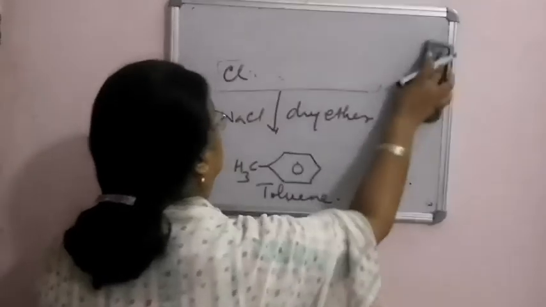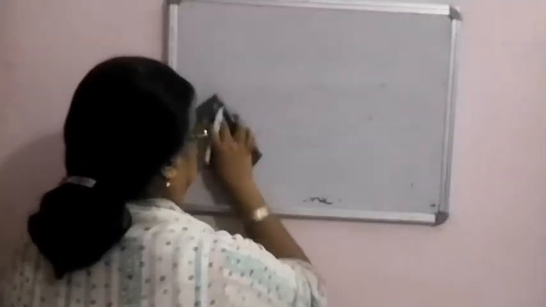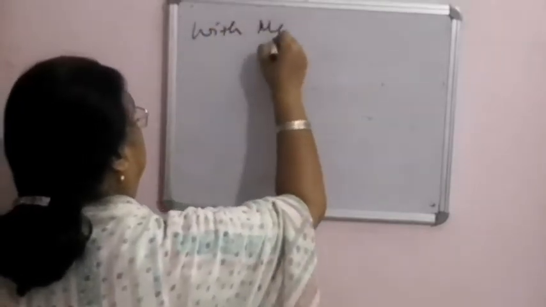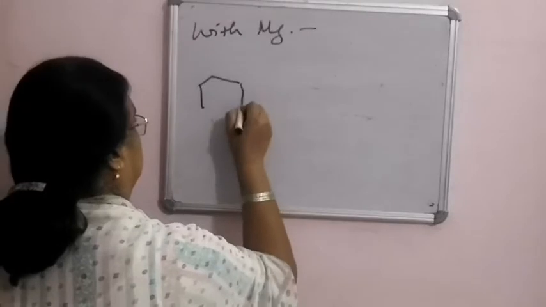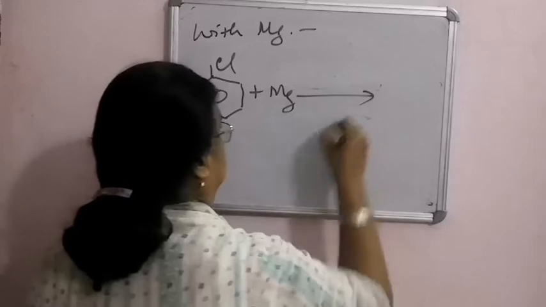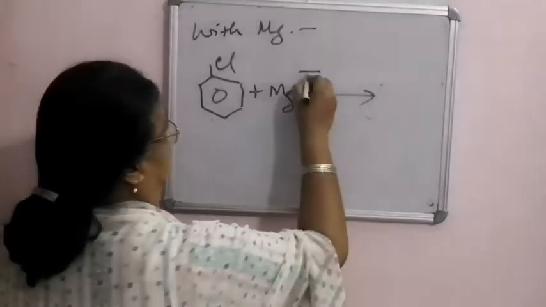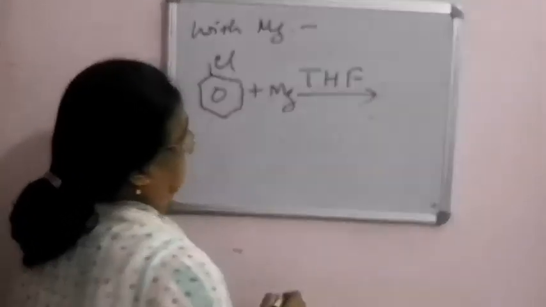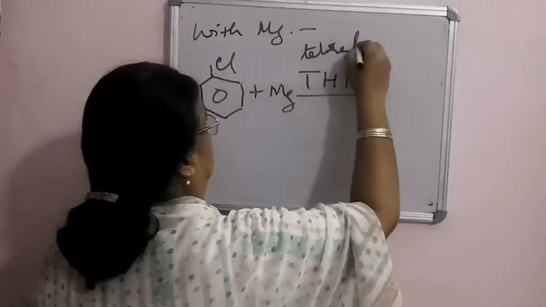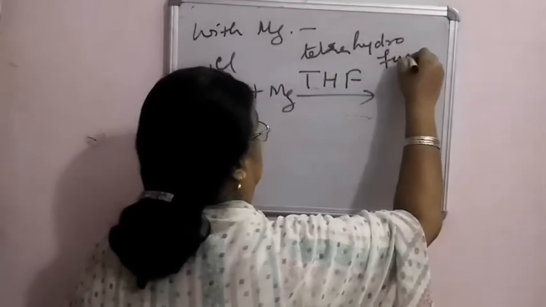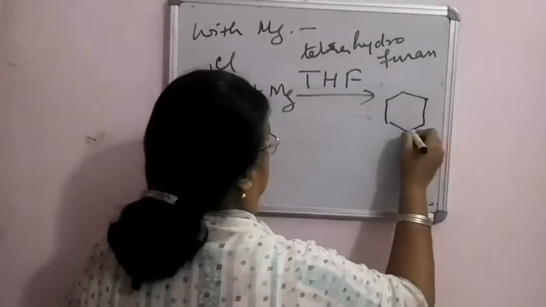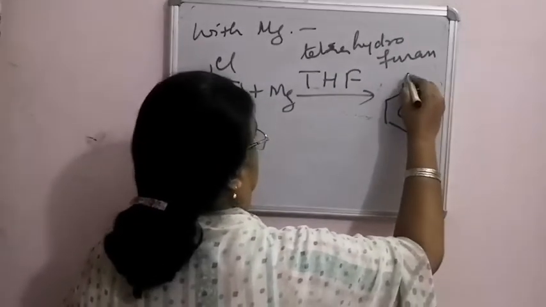Now the next reaction is with magnesium. Chlorobenzene combines with magnesium in the presence of tetrahydrofuran, and we get the aromatic Grignard's reagent, MgCl.